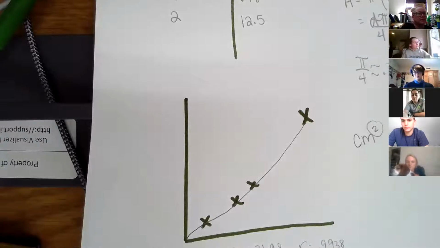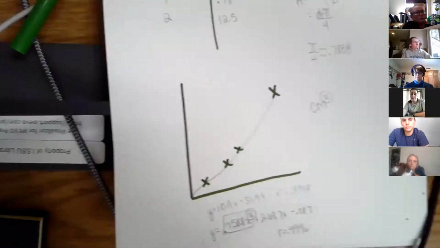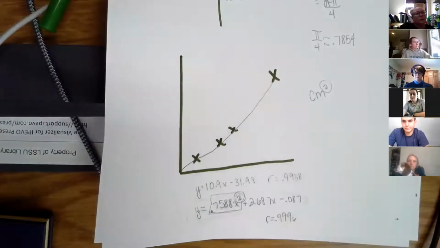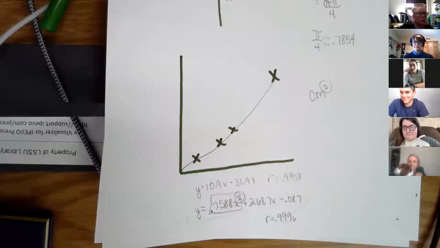Does that make sense? So yeah, that was the big activity. I wanted to do one more, but I don't think everybody has access to graph paper. Does everybody have graph paper at home? No. Yeah, so we'll skip that activity.